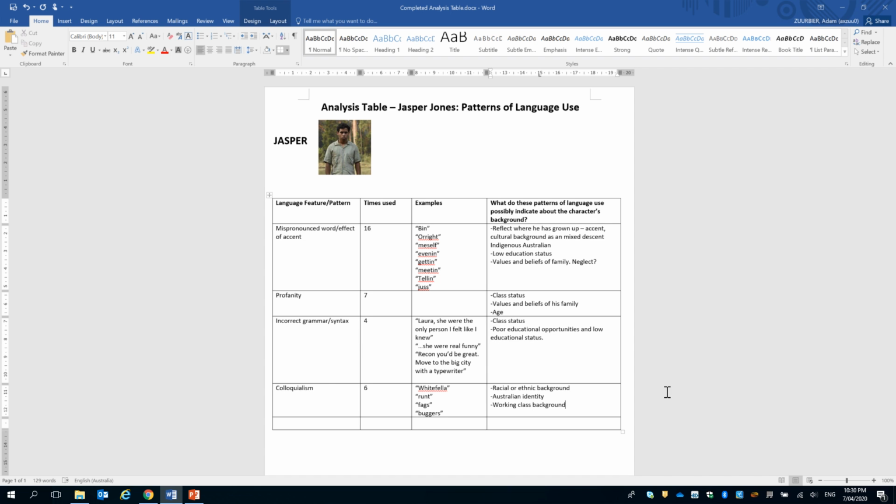His use of colloquialisms, some of those reflect his racial ethnic background and maybe his familiarity with some Aboriginal Creoles or Aboriginal English dialects, and also just more broadly his Australian identity and his working class background, as use of colloquialisms very much has emanated or originated here in Australia amongst the working class and the dialects that they have created in this country.